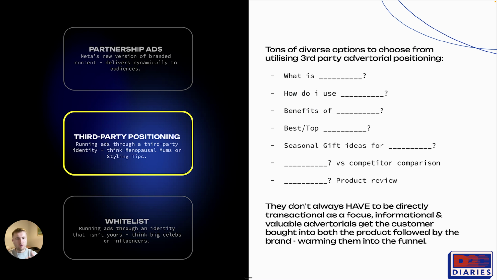An advertorial positioning provides a hugely diverse range of options. So this doesn't always have to be very transactional. You can do it through the lens of answering a question, educating an audience who have a specific problem, going after a previous failed solution, going after a really common objection, going after comparisons to other competitors' products.